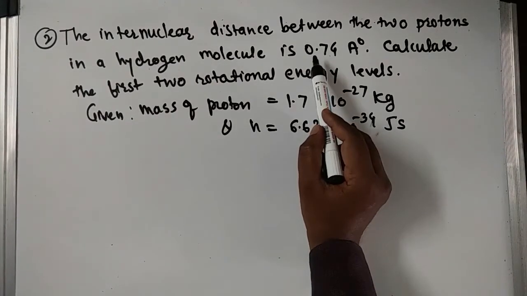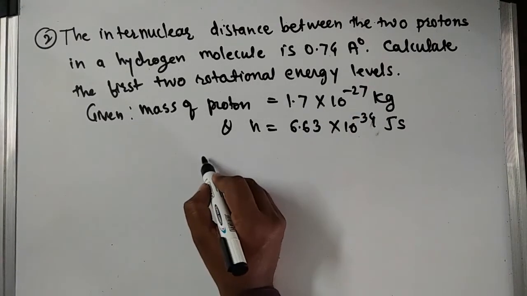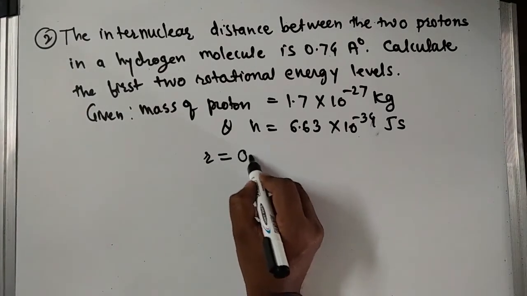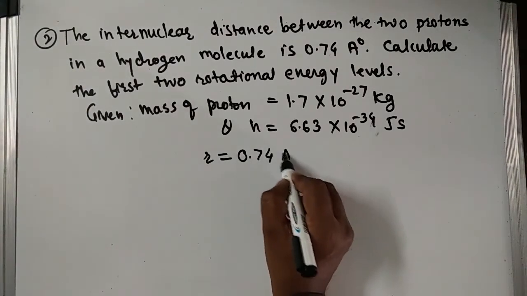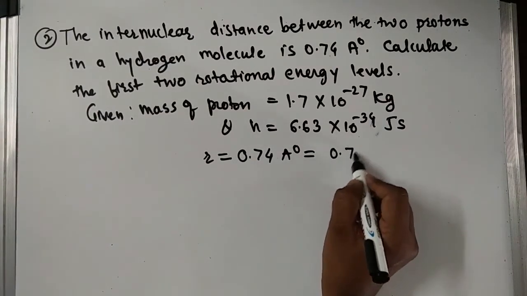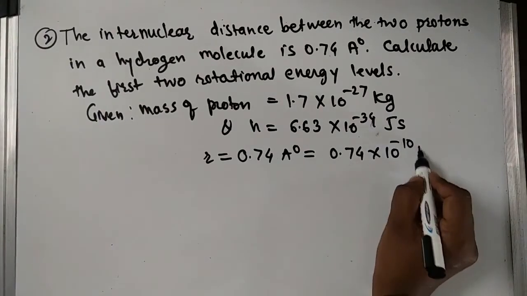The bond distance, the internuclear distance, is given, so R is equal to 0.74 angstrom, and we know that 1 angstrom is 10 raised to minus 10 meter, right?